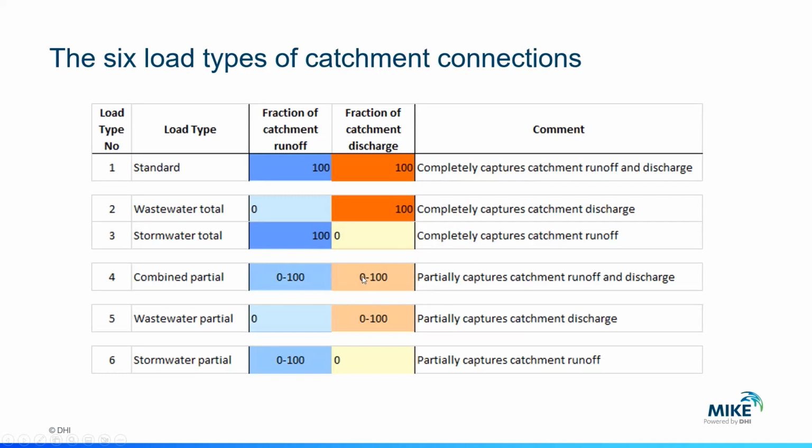But the problem is that it's difficult to track errors and to see what's really happening on the catchments and the catchment connections. So we feel it is better to have a bit of a choice, and so it's easier to track what's happening on the catchments.